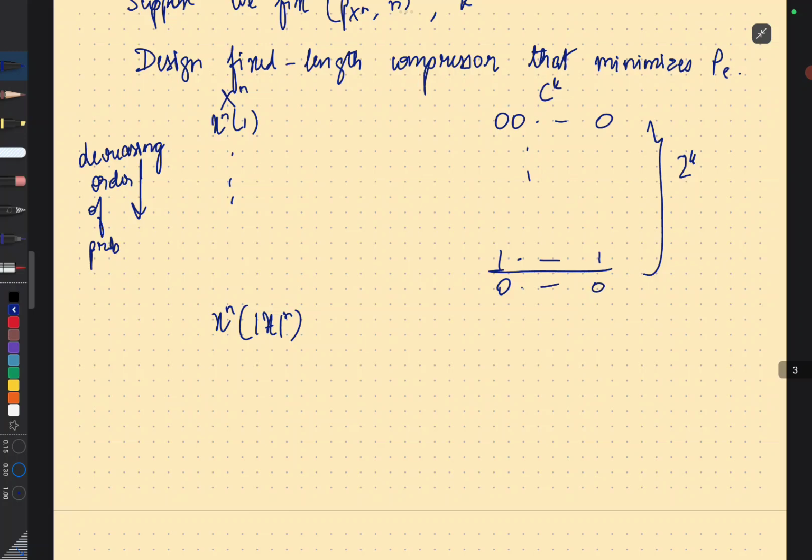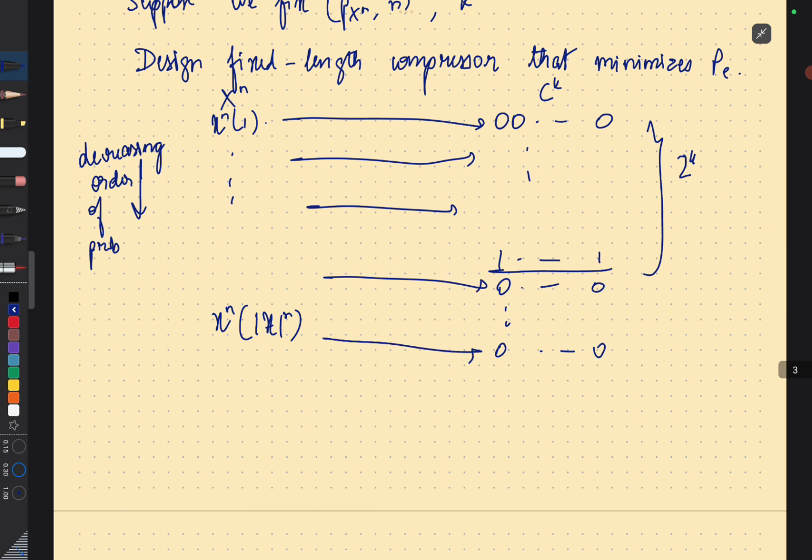You can assign either the all zero sequence, because anyway there is no hope of recovering these correctly. Right? So the encoder maps each of these size of x to the power of n possible source sequences to these 2 to the k code word sequences.